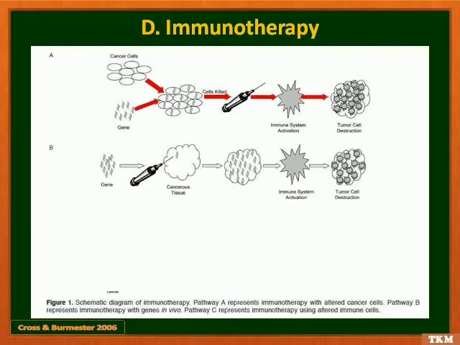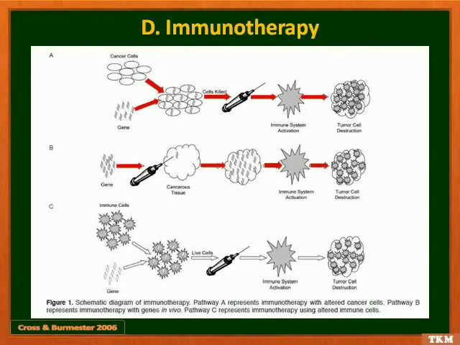The second pathway is immunotherapy with genes in vivo, wherein the genes are injected inside the cancerous tissue, which leads to activation of the immune system, and thus the immune cells can find the cancer cells easily and destroy them.